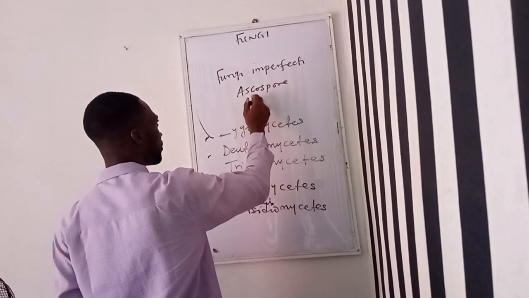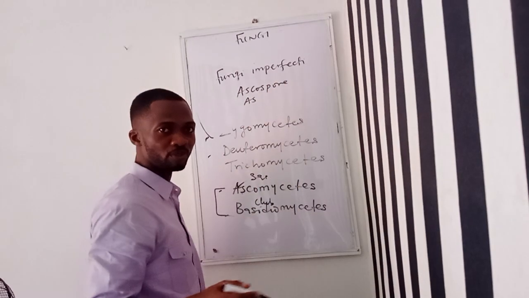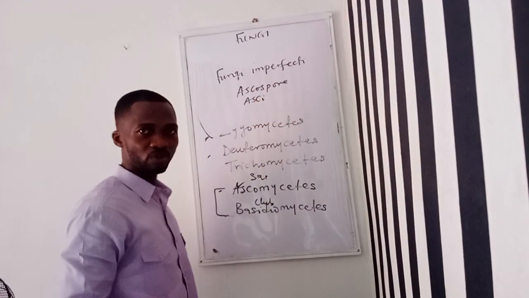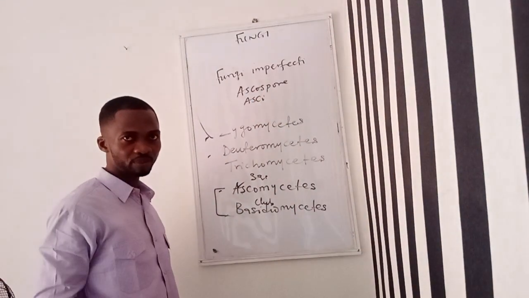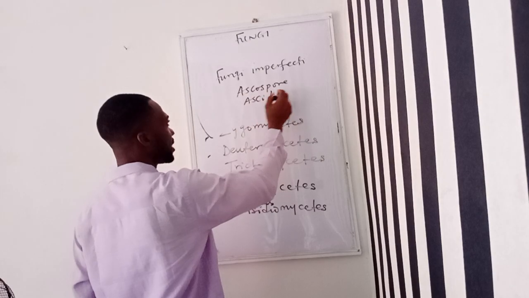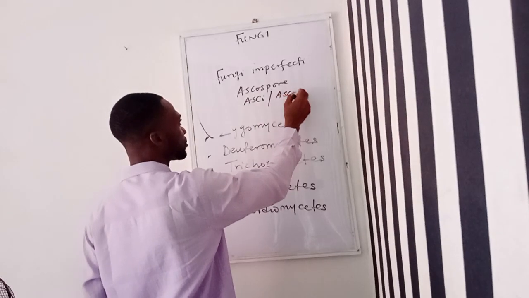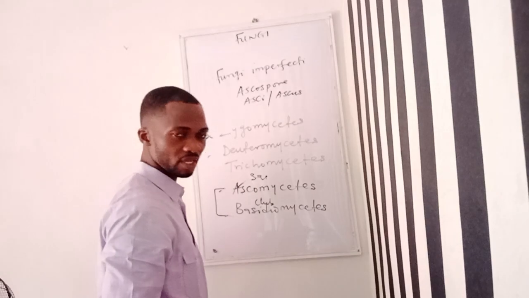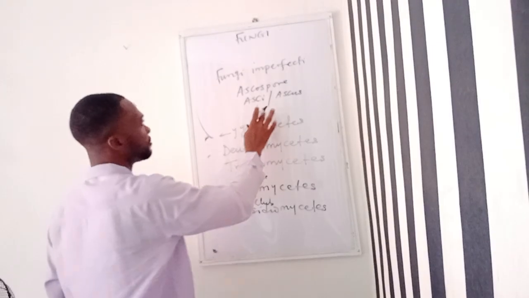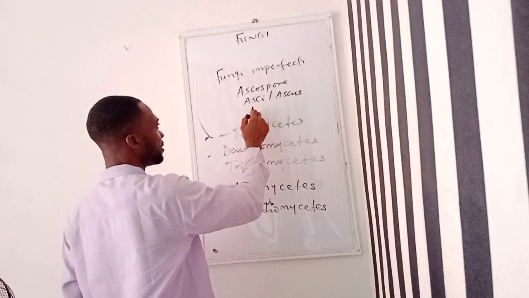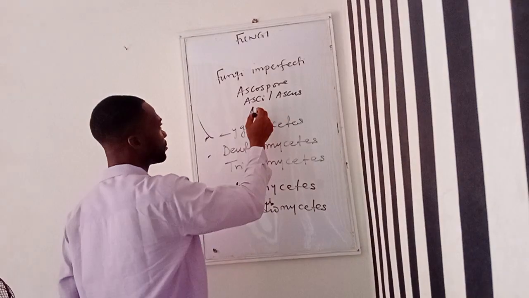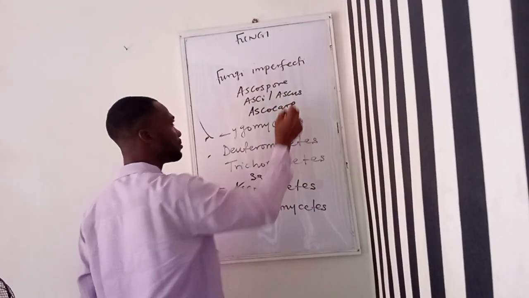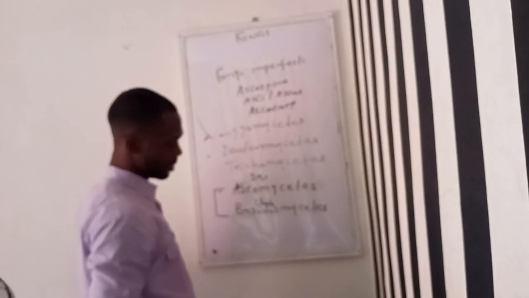And they house this spore not in a sporangium like other fungi. They house this spore in a special structure called the asci. Ascus is singular, asci is plural. Then this asci or ascus is produced by a fruiting body they call the ascocarp.